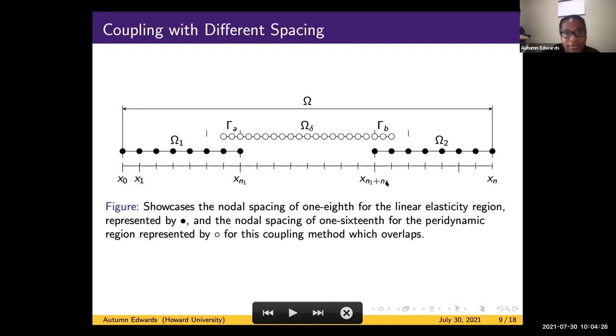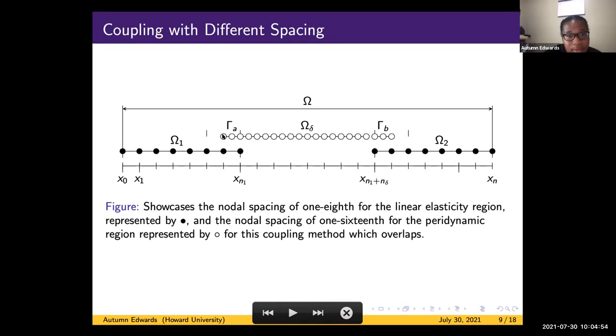So right here we have a model which showcases our linear elasticity model, in the black filled-in dots, and our peridynamic model, in the open white dots. As I said before, in the coupling where we match our displacements, right here in the overlap region where the peridynamic has overlapped into the linear elasticity area, we match our displacements.